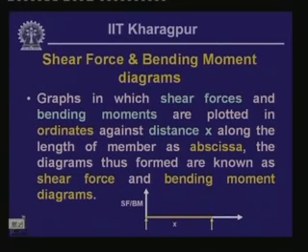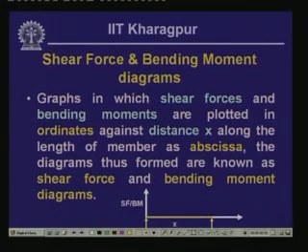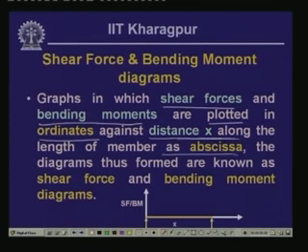Now, to find out the variation of the bending moment or the shear force along the length of the beam, the diagrams which we plot we call the shear force and bending moment diagrams. So, this is what is defined here: the graphs in which shear forces and bending moments are plotted as ordinates against distance x along the length of the member as abscissa.